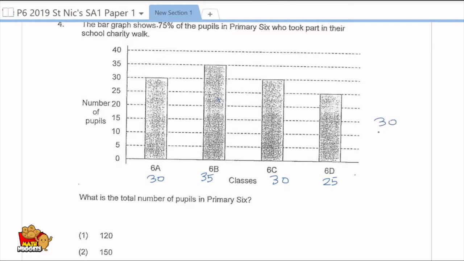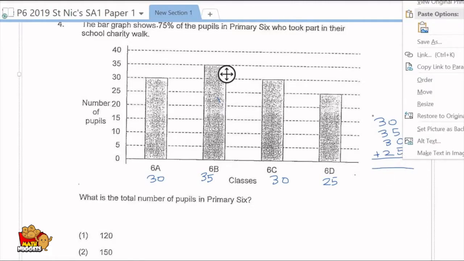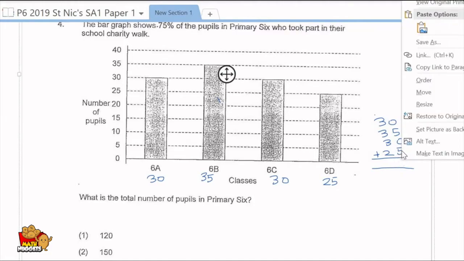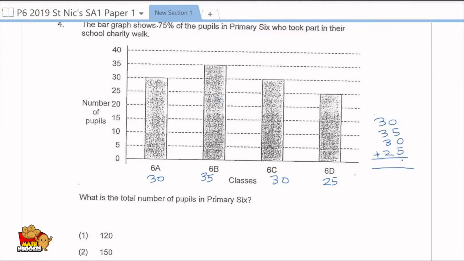So 30, 35, 30 again, and 25. So if you add all these up, it's 120.